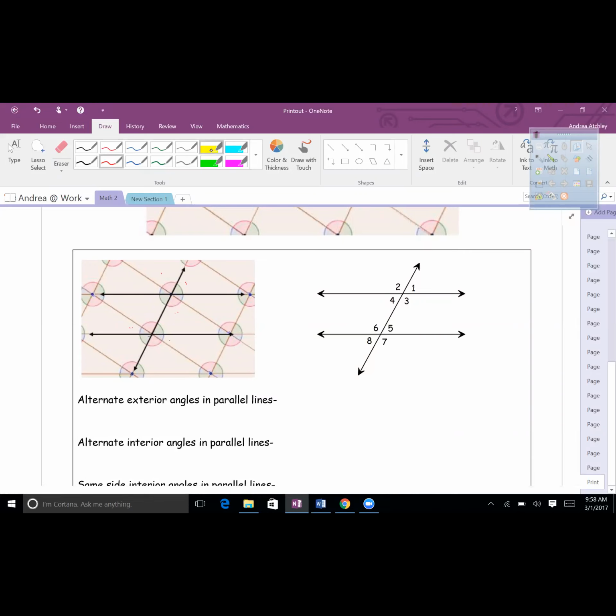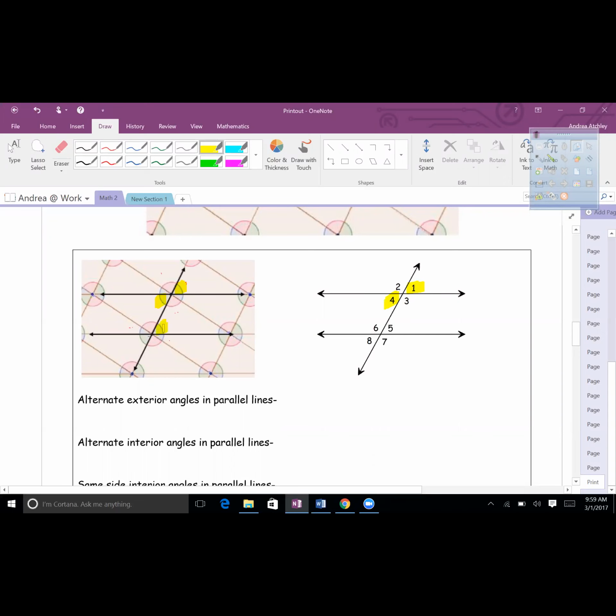So let's review that. So this angle right here is angle 1. So color angle 1. This is also green in our page, so we're going to color the 4 as well.